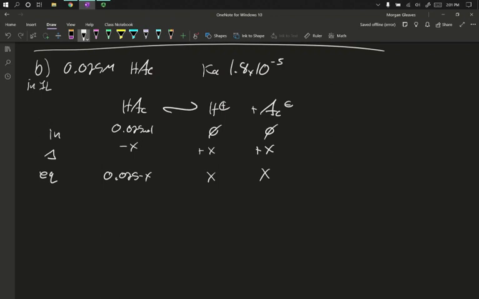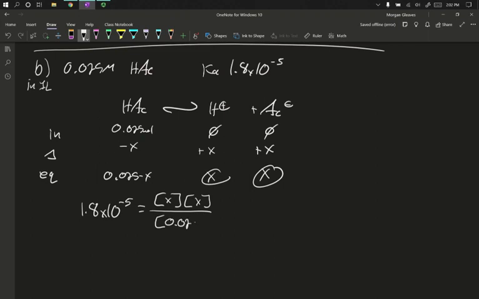As we set up our expression, 1.8 times 10 to the minus 5, our Ka, has to equal our products over our reactants. Our product is H plus, so X at equilibrium. Our base is AC minus, so X at equilibrium. All that over 0.025 minus X, but can we make the simplifying assumption here?